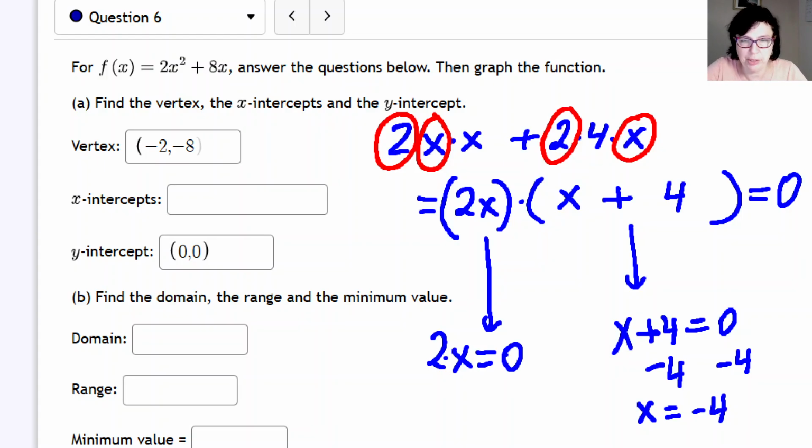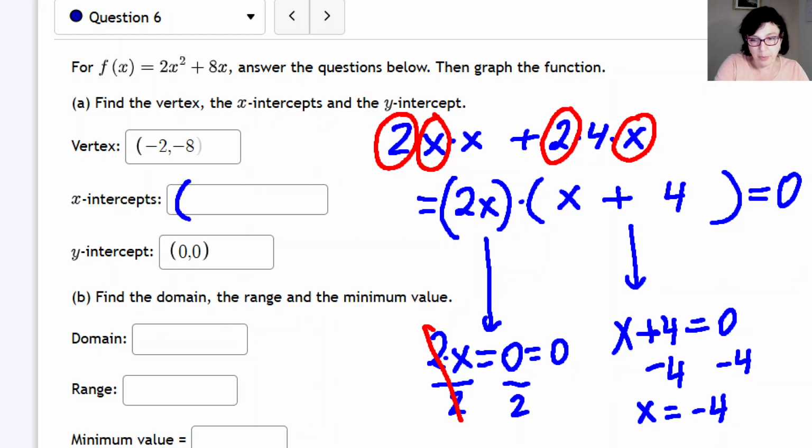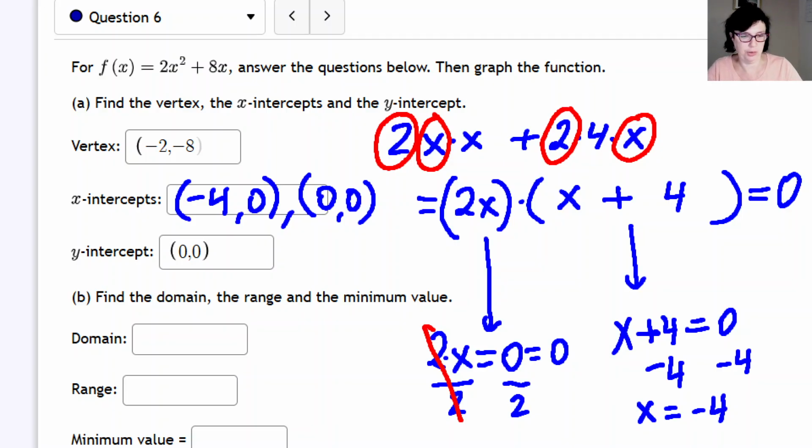So in order to cancel the 2, you need to divide both sides by 2, right? Not subtract negative 2 or something, okay? Which means that this is going to cancel, and then 0 divided by 2, well, that's just 0. So we've got x equals 0 and x equals negative 4. When you write it here or type it, you're going to type x whatever value, but y value should be 0, and same thing, (0, 0) will also be the x-intercept.